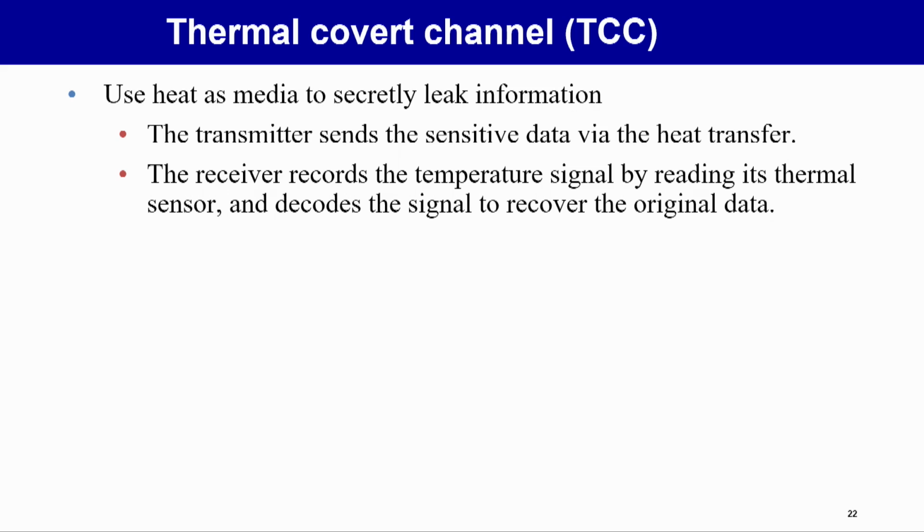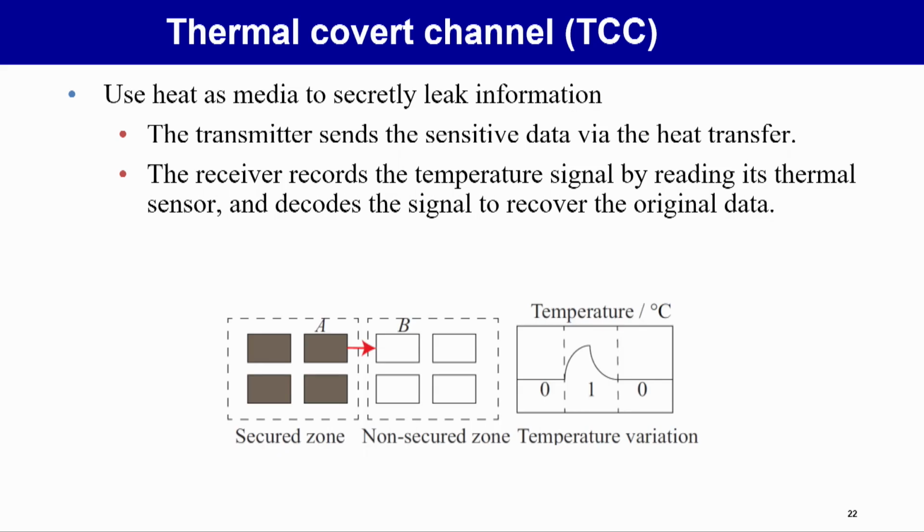If my laptop becomes hot, this receiver will read its own thermal sensor, and it is kind of guessing what exactly is happening in the next device. The receiver records the temperature by reading its own thermal sensor and decodes the signal to recover the original data. Okay, now let's look at an example.